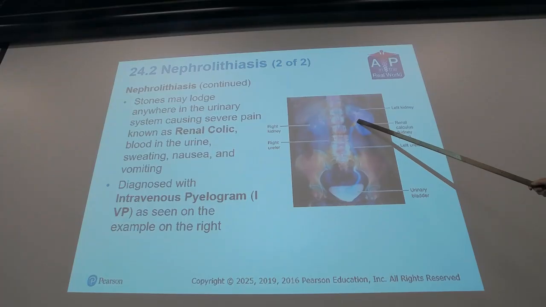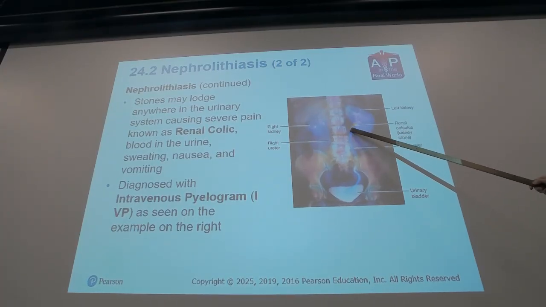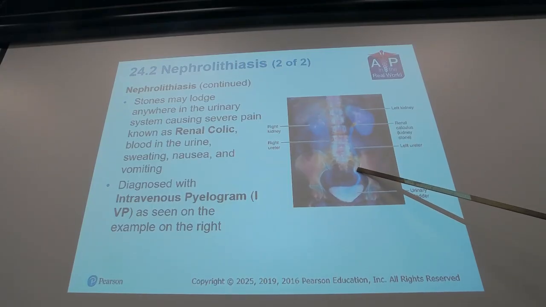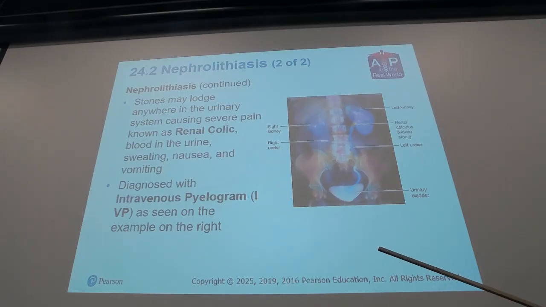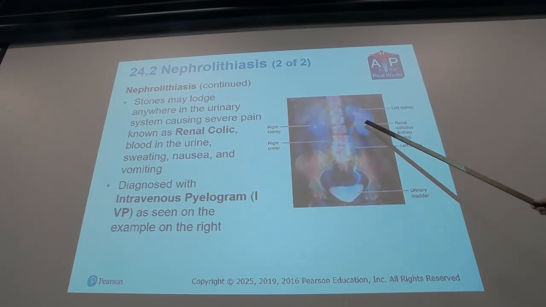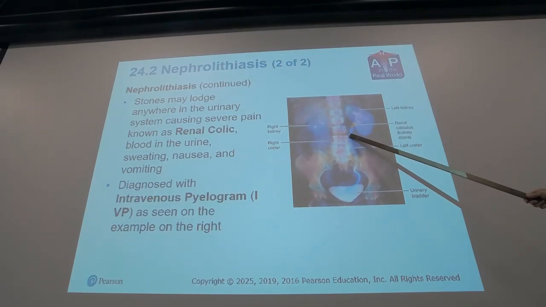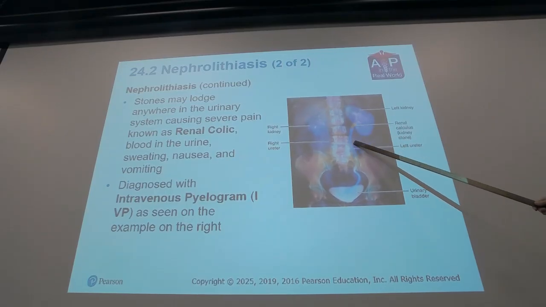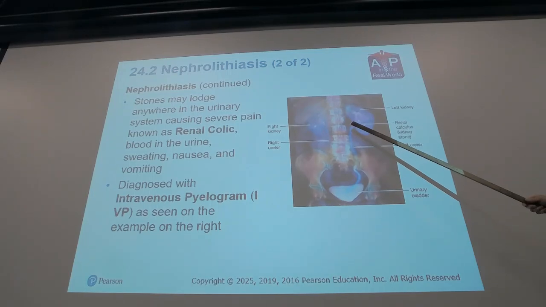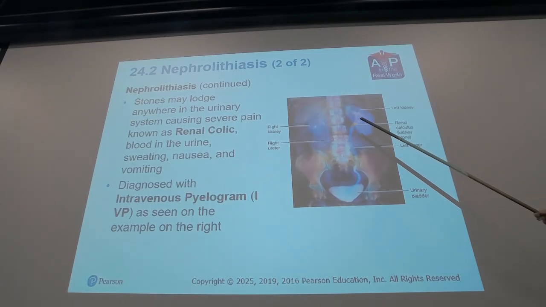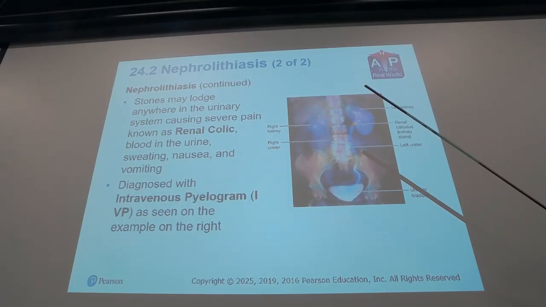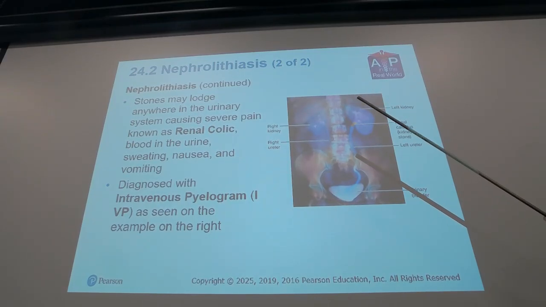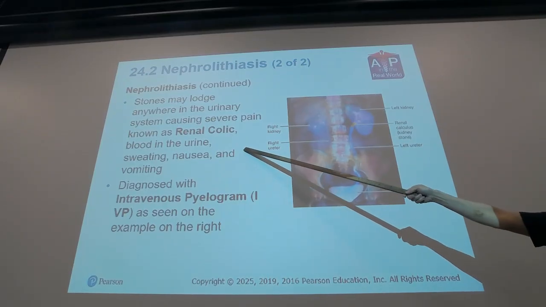Now, when the person passes this, in this case, this calculus is located here in the renal pelvis, almost going to the ureter. The ureter has smooth muscle cells. As this stone is passing through here, one of the reflexes of the body, especially if it has spicules that are damaging the walls of the ureter, is to contract this smooth muscle powerfully. And this is what is called renal colic.